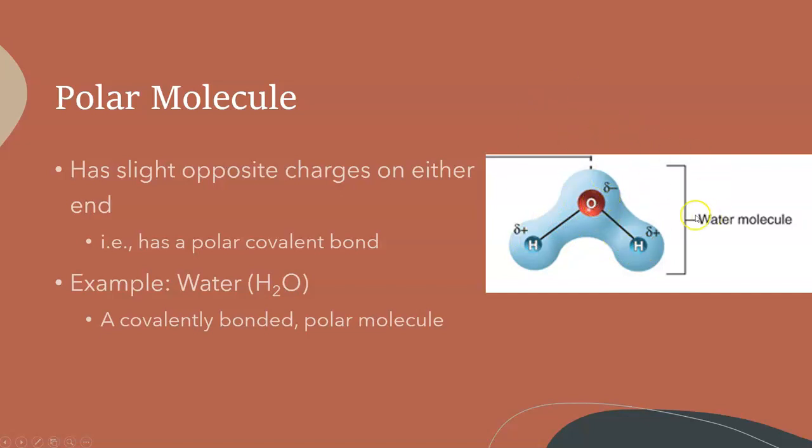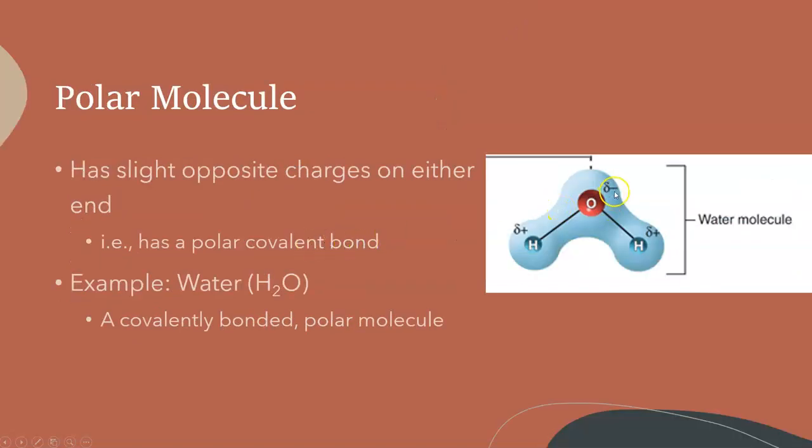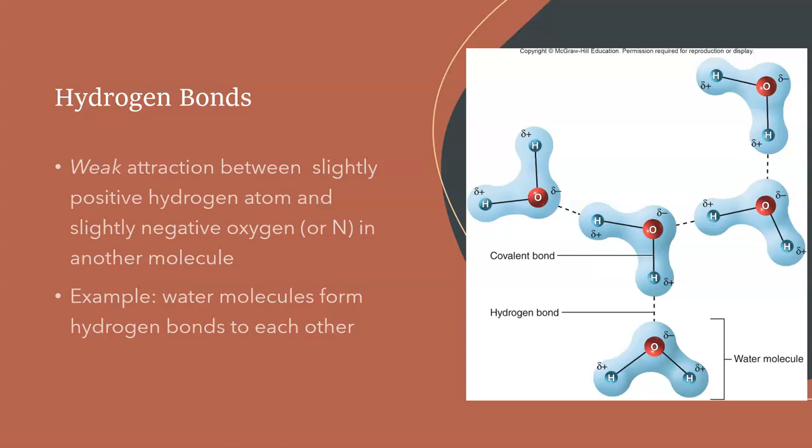Because of that, the entire molecule has a slightly negative and a slightly positive charge. So it's a covalently bonded polar molecule because it has two polar covalent bonds. That gives them slightly opposite charges on either end. One side negative, one side positive.